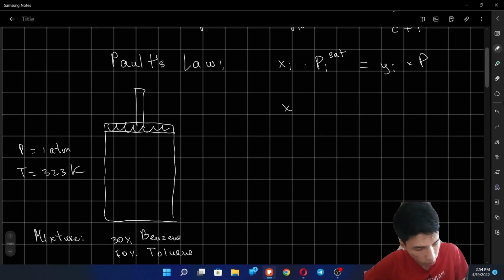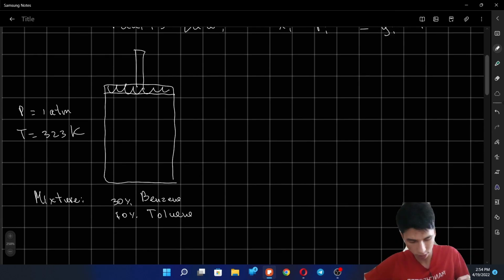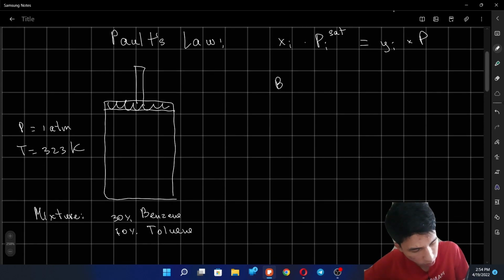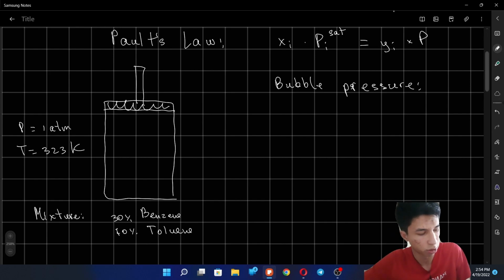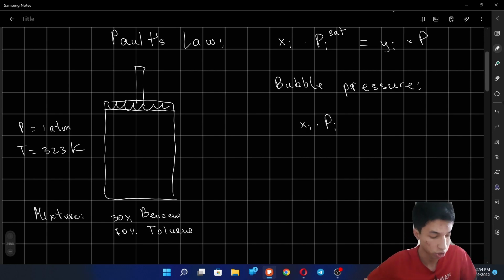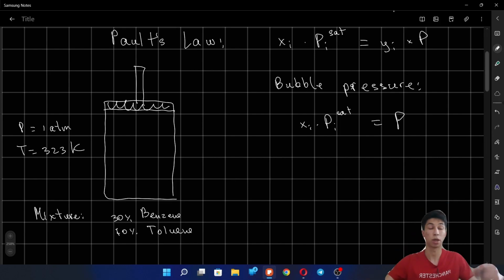Now we have this equation, let's specify it: it is the bubble pressure. For the bubble pressure, we have Xi times pure saturation pressure equal to the total pressure, because, as we said, the sum of the mole fractions should be equal to 1.